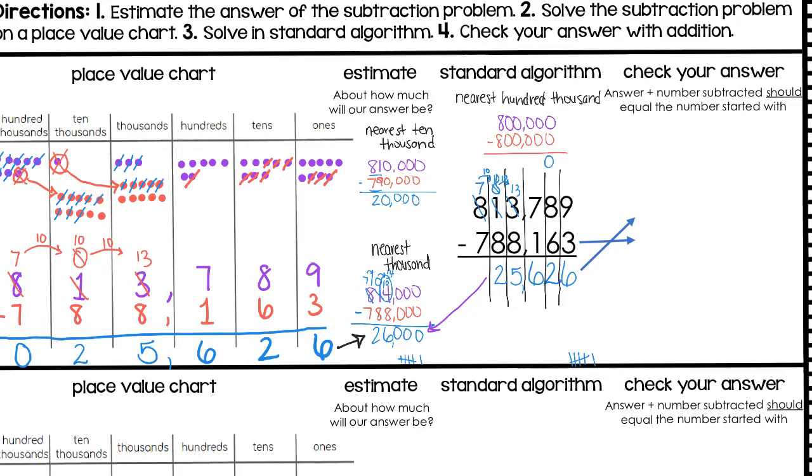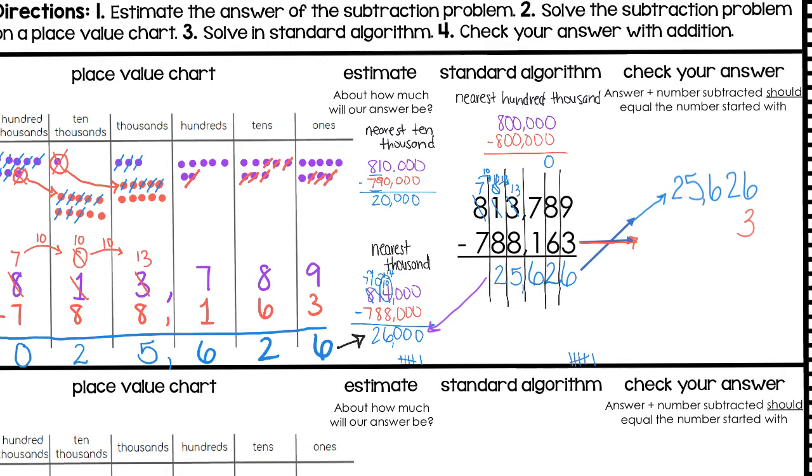So we start with our answer, 25,626. Here it is. And then we're adding the number that we subtracted. So because there's so many digits, I'm going to start writing in the ones place. So I'm going to put my 3 under the 6.